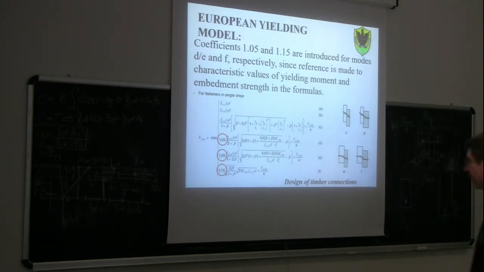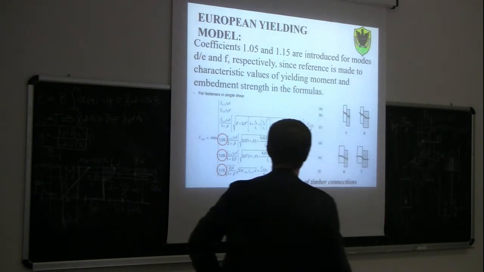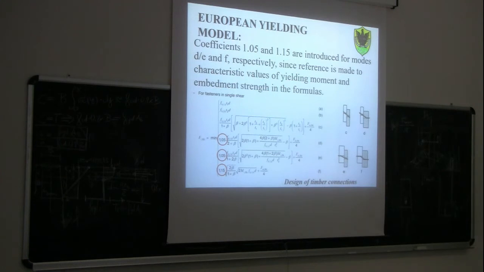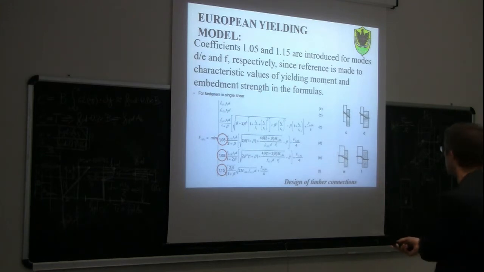These are adjustment factors that have been proposed by Eurocode in order to make those results comparable with the experimental tests. They performed lots of experimental tests and found out that without these factors 1.05, 1.15, the test results would be largely underestimated by this analytical prediction.